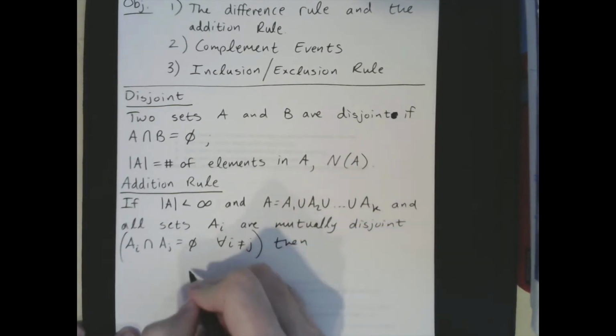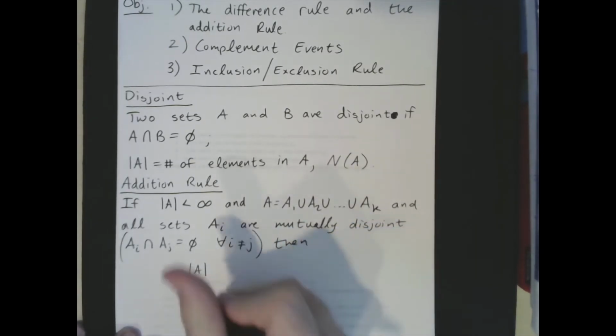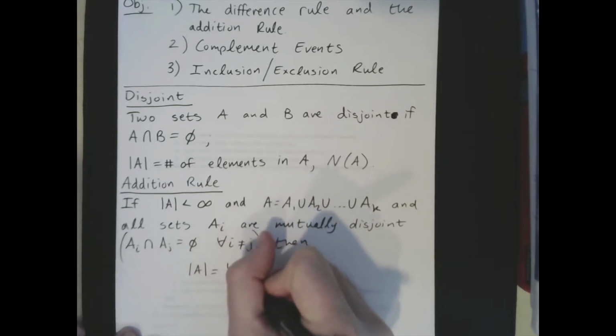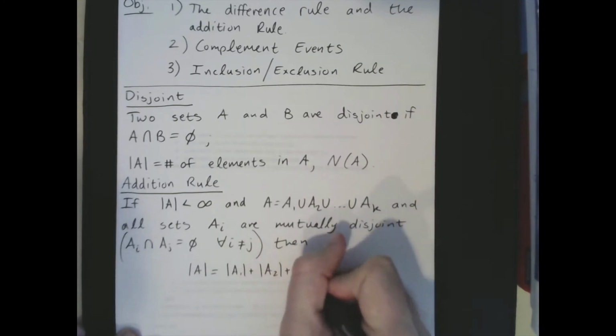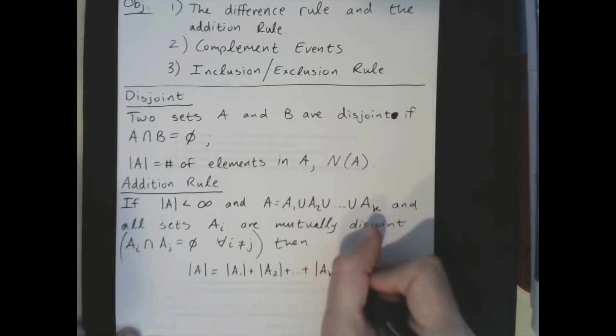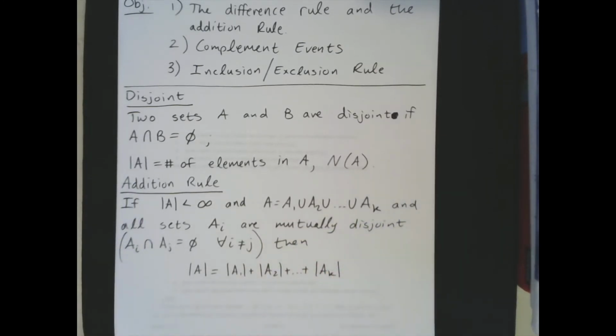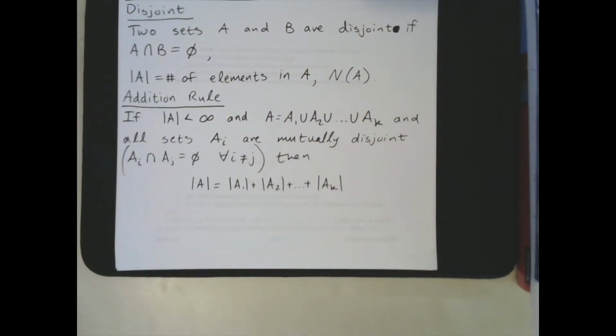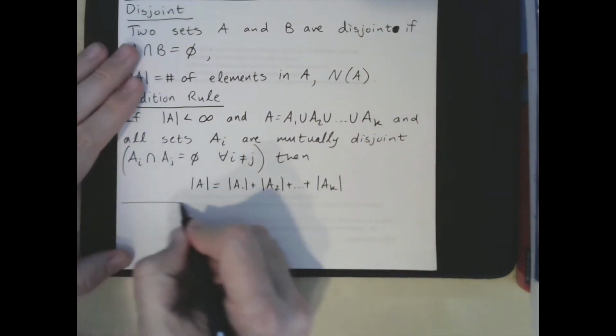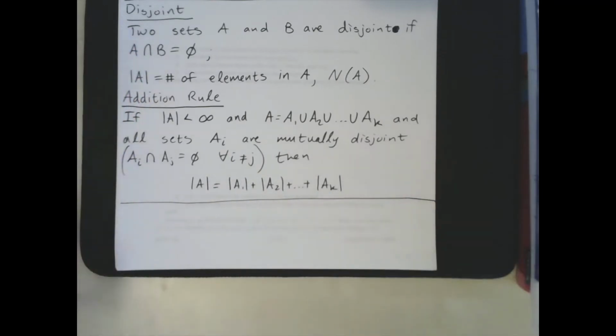Then the size of A is the size of A1 plus the size of A2 plus ... the size of AK, because there's no overlap. So to get the number of elements in A, we have to add up the number of elements in each of the smaller sets that construct A. So we can look at a little example to help us make sense of this.